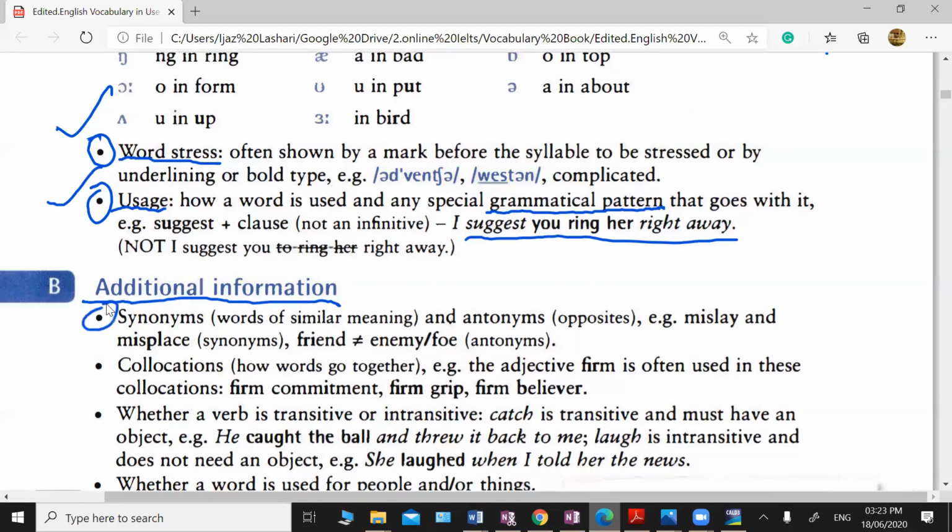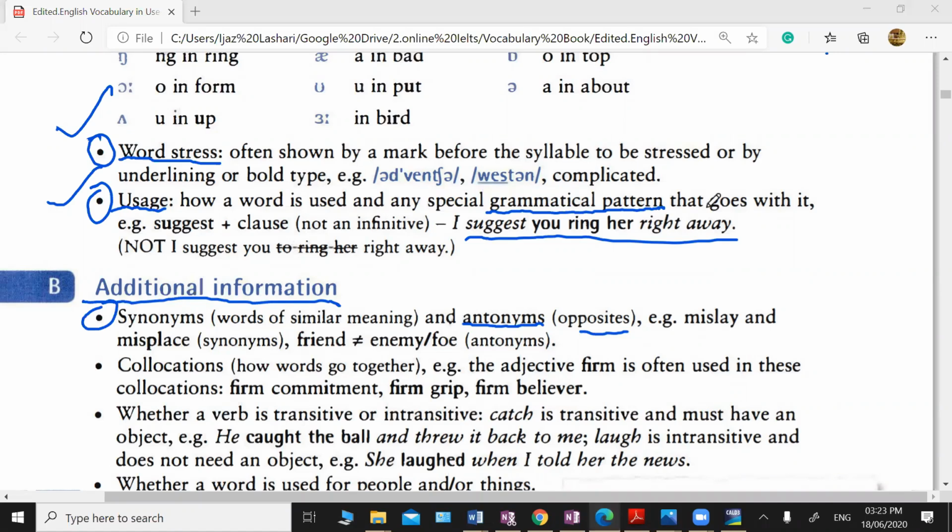We studied yesterday that synonyms are words which have similar meaning. So when we look at the dictionary, we also see synonyms, words of similar meaning, and antonyms, which mean the opposite words, words with opposite meanings.